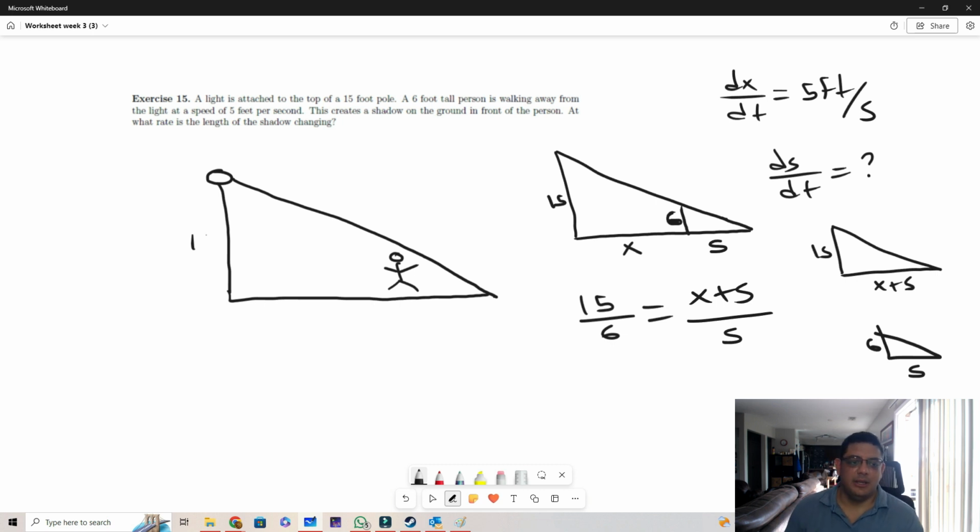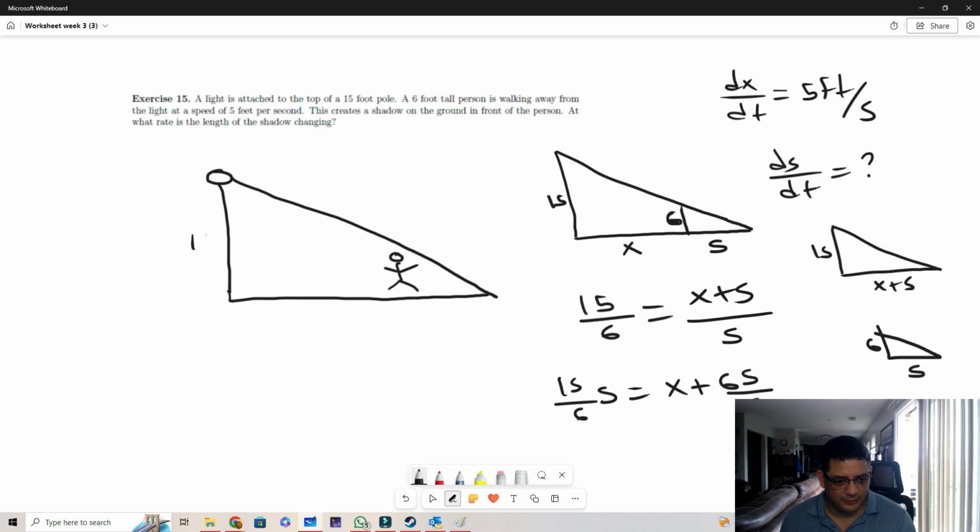Okay. So from this notion here, we can probably make everything in terms of x. So we have 15 over 6 s is equal to x plus, and then I'm going to be calling this 6s over 6. So all this is in terms of 6.